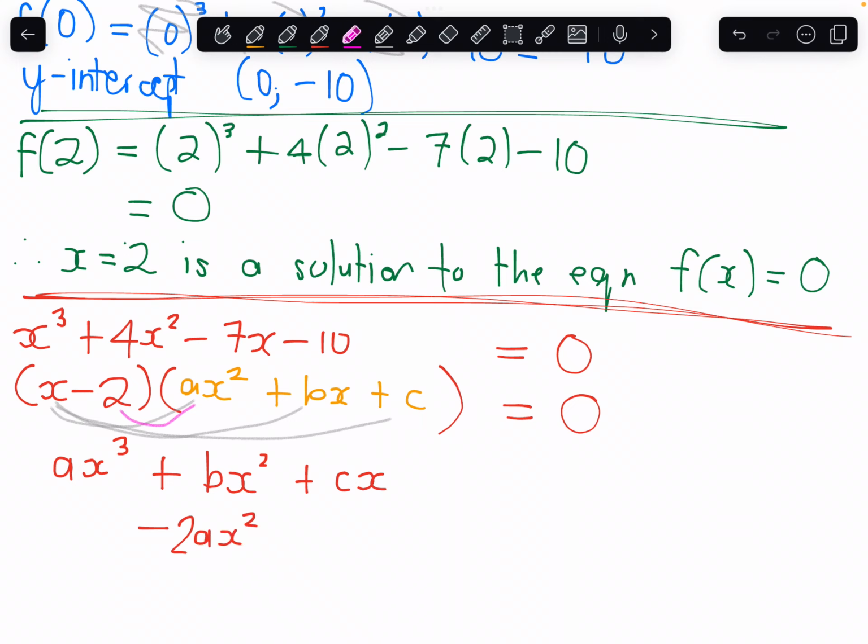And then we have negative 2 times that, which will give us minus 2bx. And then we've got that, which will give us minus 2c. And we are told, okay, well, we're looking for the places where it's equal to 0.